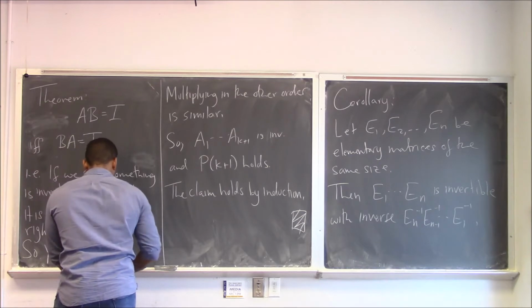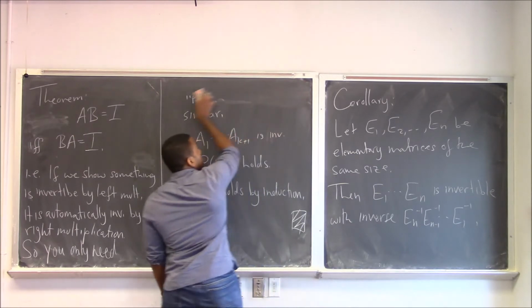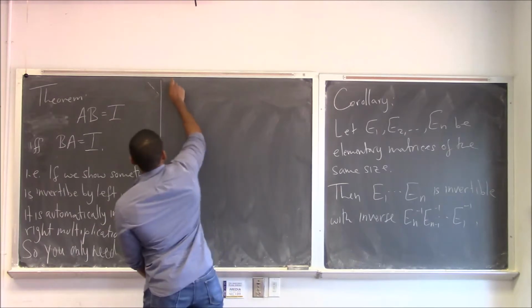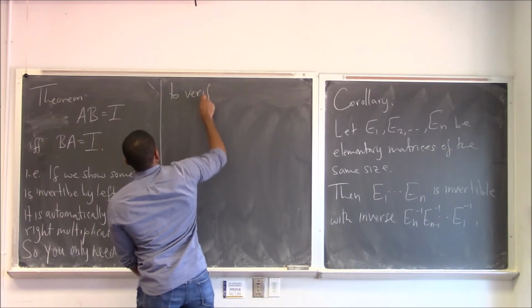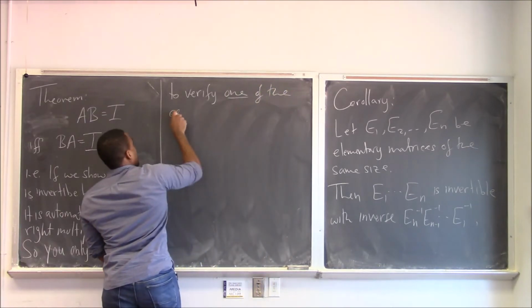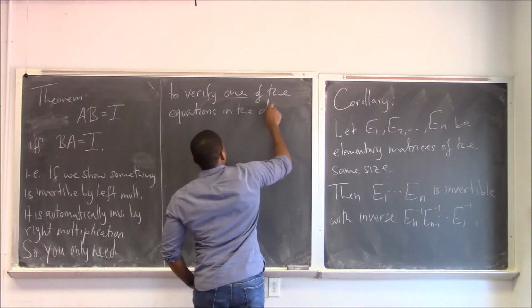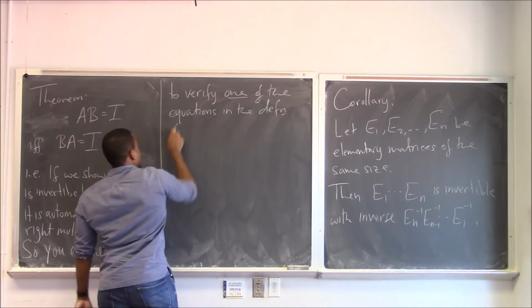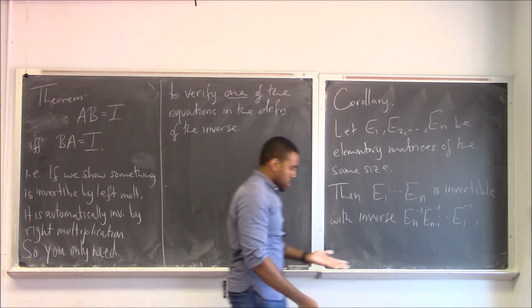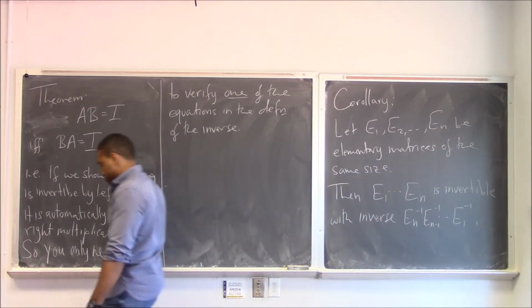So technically, to prove that something is an inverse, you only need to verify one of the equations in the definition of the inverse. So when it comes to matrices, the left inverse is automatically the right inverse, it turns out.